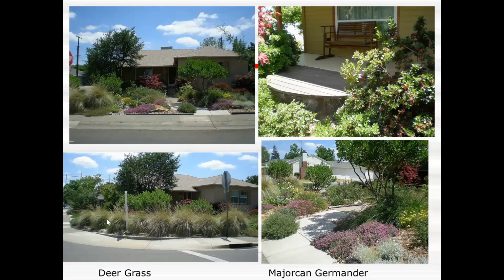Here's the deer grass that buffers the front mound. And I put this picture in. This is again the new walkway that walks you around this mound. This is Majorcan Germander. It is not a native. I love this plant. Green Acres has it in a six pot.